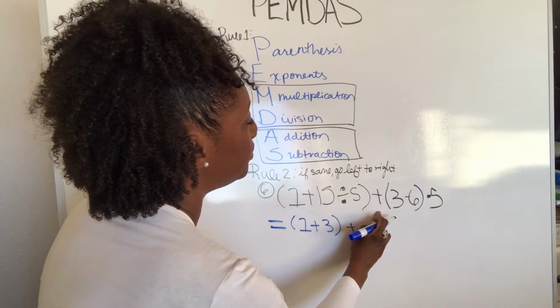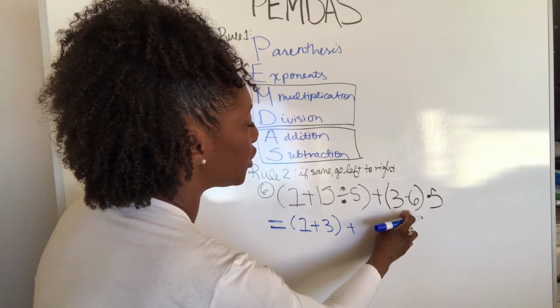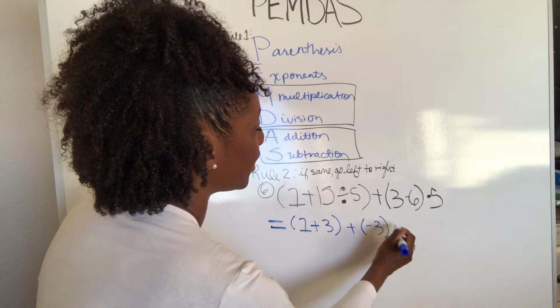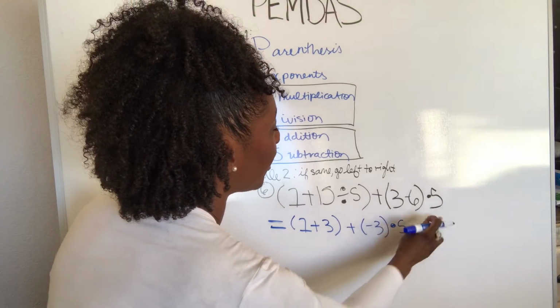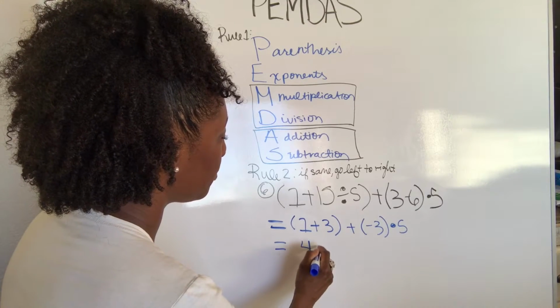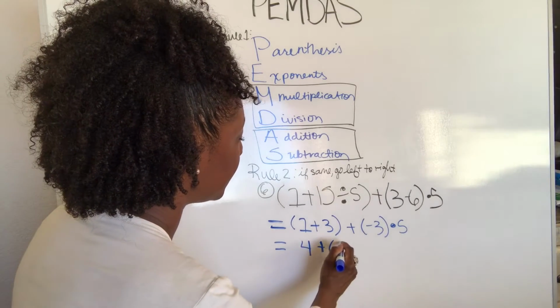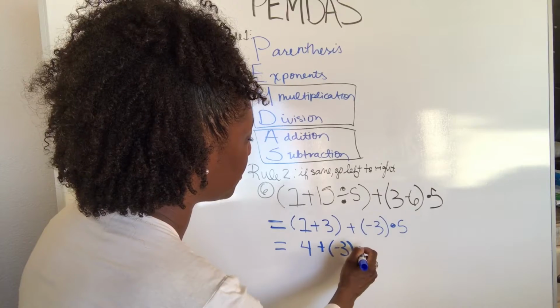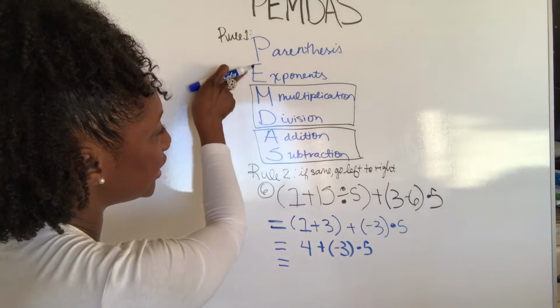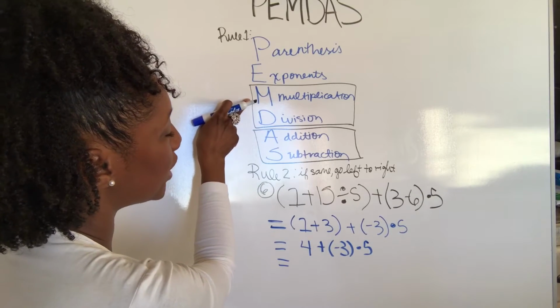plus, do what's in the parentheses first, 3 minus 6 is negative 3 times 5. Parentheses gives us 4 plus negative 3 times 5. Now, parentheses, exponents, multiplication.